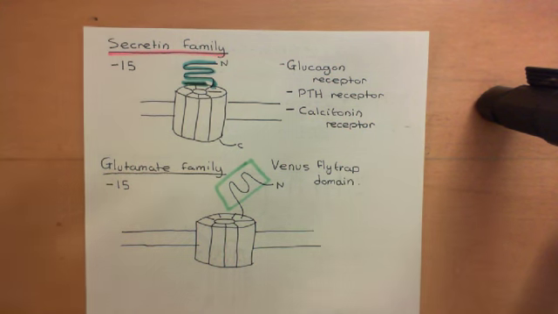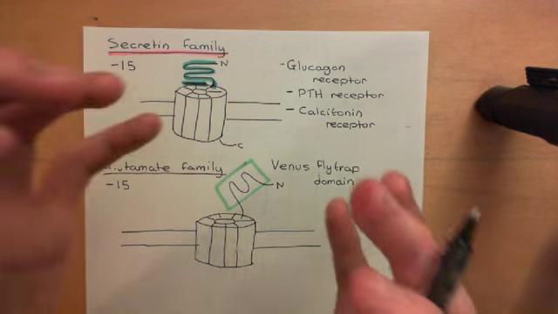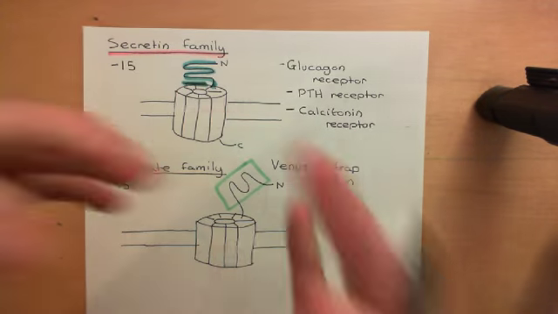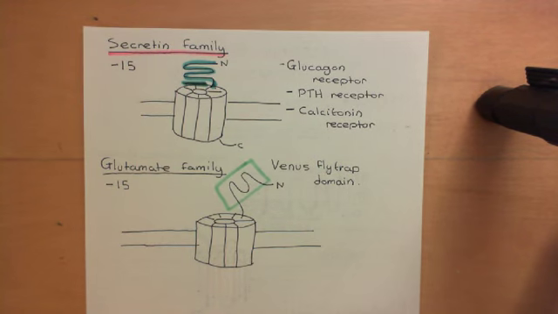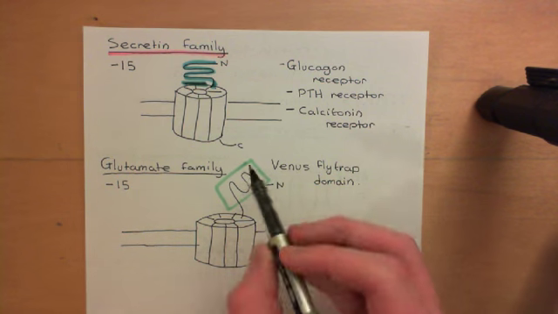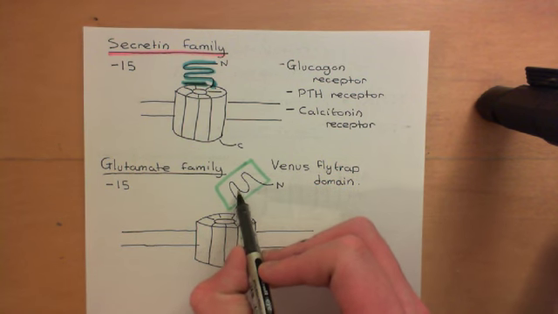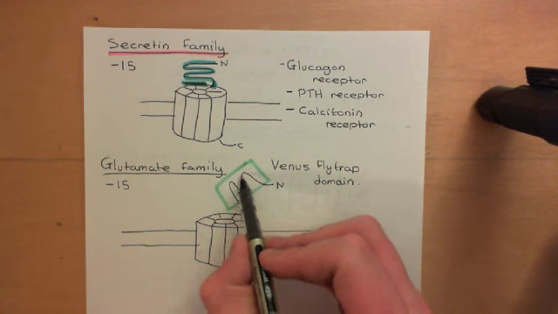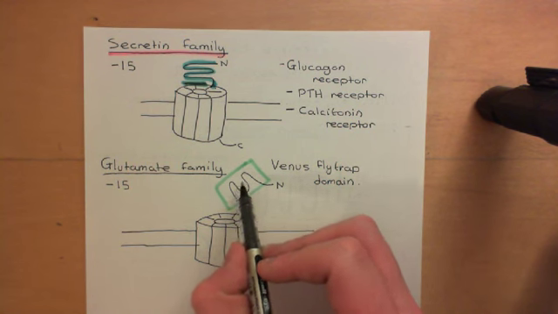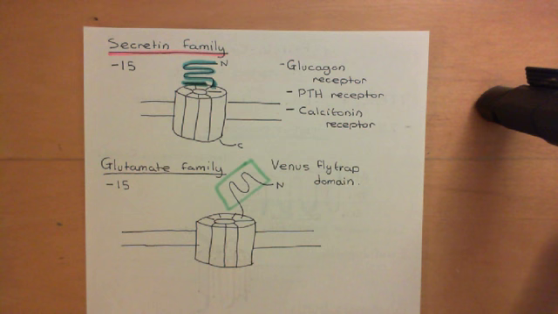Well, it is compared to the Venus flytrap, which basically, when a fly comes into it, closes around that fly, and then the fly is digested. So basically what happens is this Venus flytrap domain has two claws, effectively the top and the bottom of it, or the jaws, maybe, is a better word to describe it than claws.